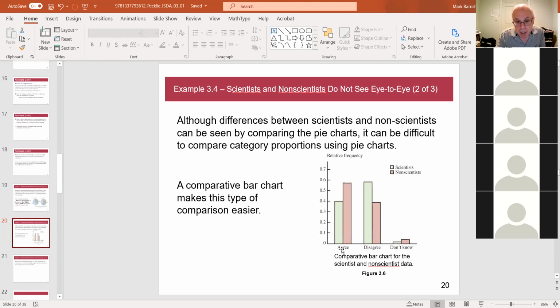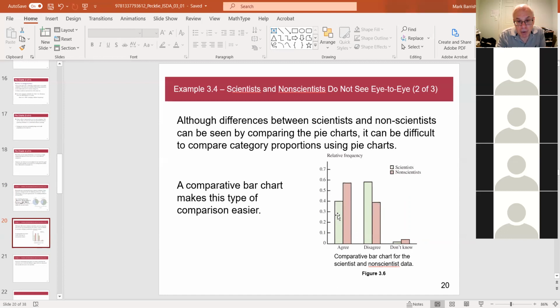You have the categories running along the x-axis here, and your relative frequencies along the y-axis. Then you have a key here where the green is the scientists, and this sort of light brown color is the non-scientists.